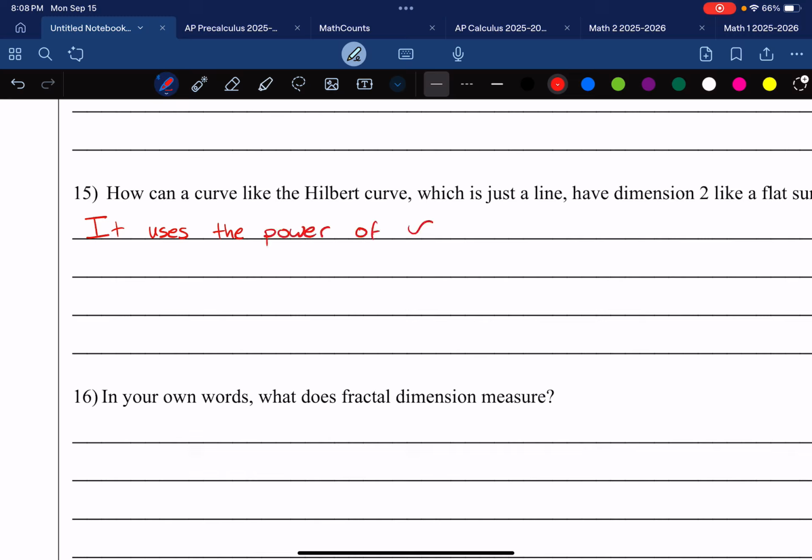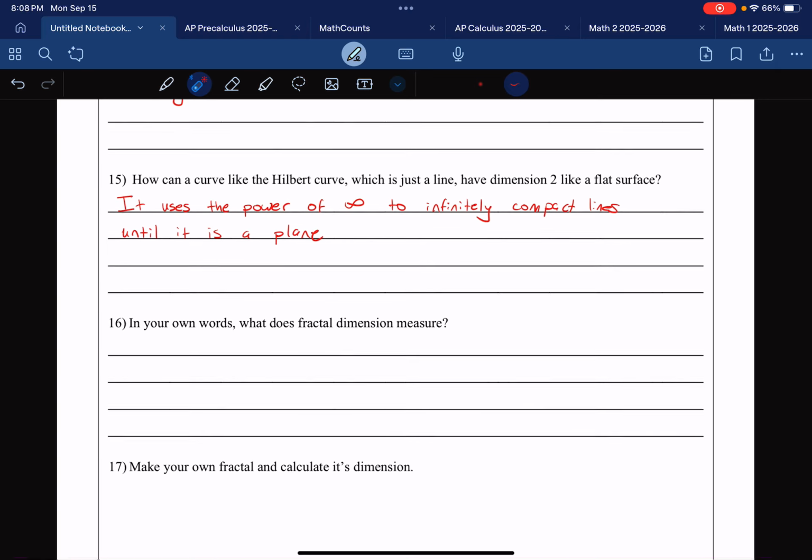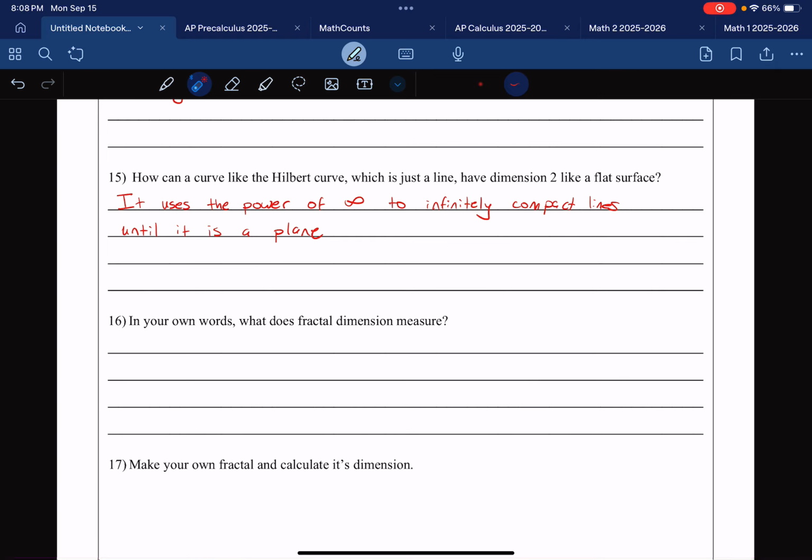Of infinity to infinitely compact lines until it is a plane. If you have an infinite number of lines, even though they have zero width, 0 and infinity, they somehow merge together until you have a plane. Still kind of crazy. I don't think I have a full 5 out of 5 understanding on that one. I'm still trying to wrap my head around it.